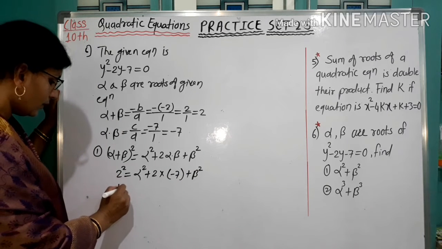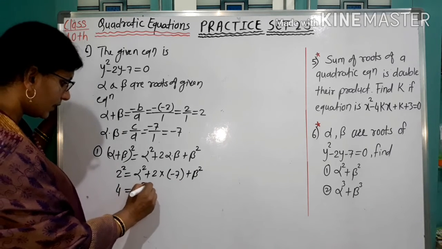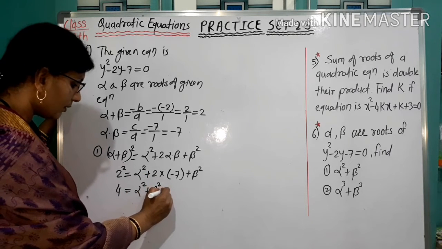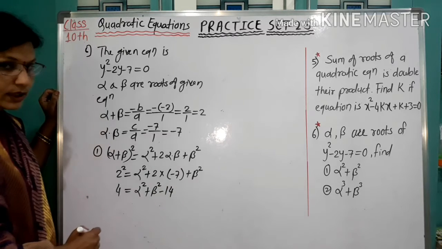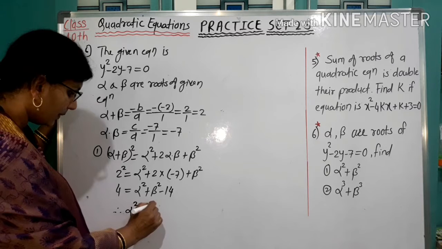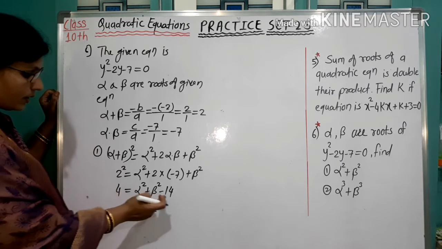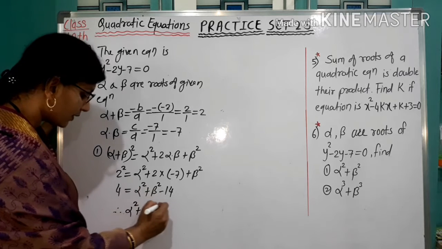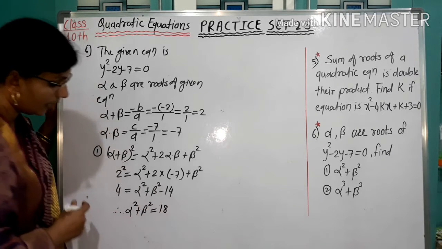Therefore, this is 4, equal to alpha square plus beta square, 2 into minus 7, minus 14. Therefore alpha square plus beta square equal to 4 plus 14, that is alpha square plus beta square equal to 18.